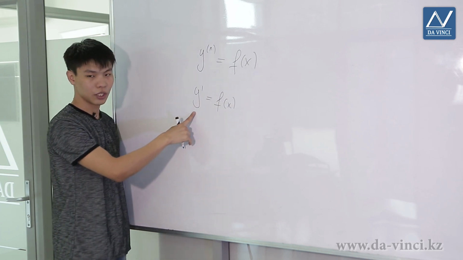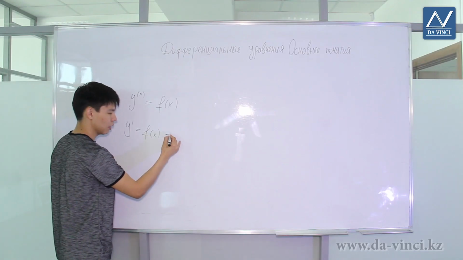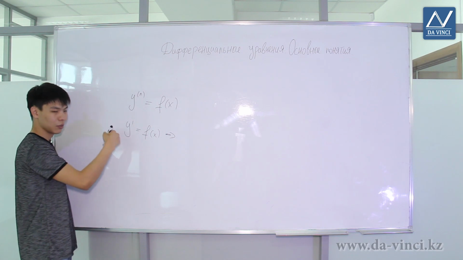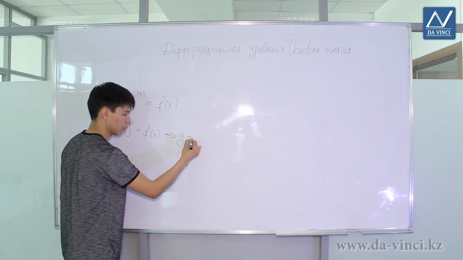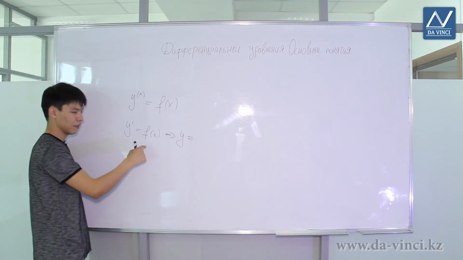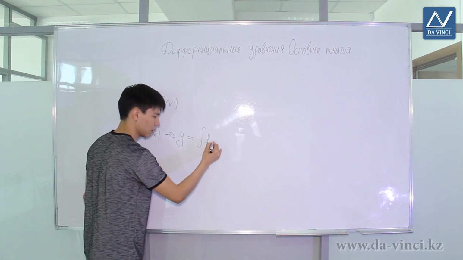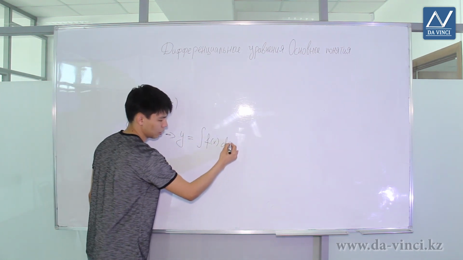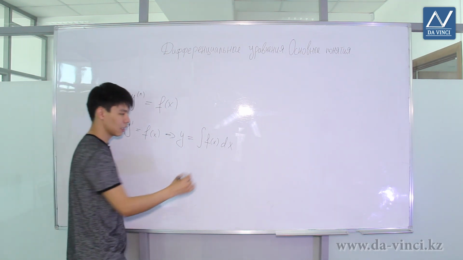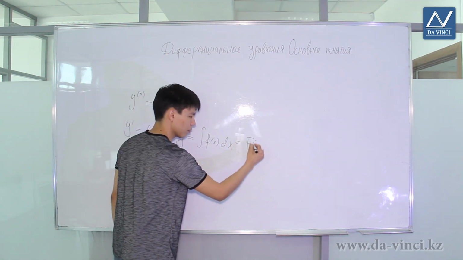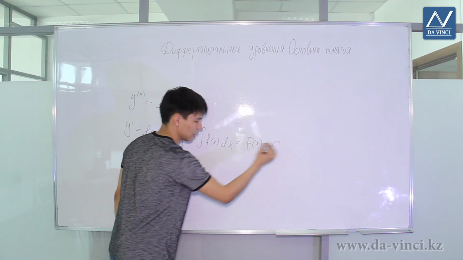To find the general solution, we simply take the integral. We know the integral of the derivative is just the function y. So y equals the integral of f of x dx.